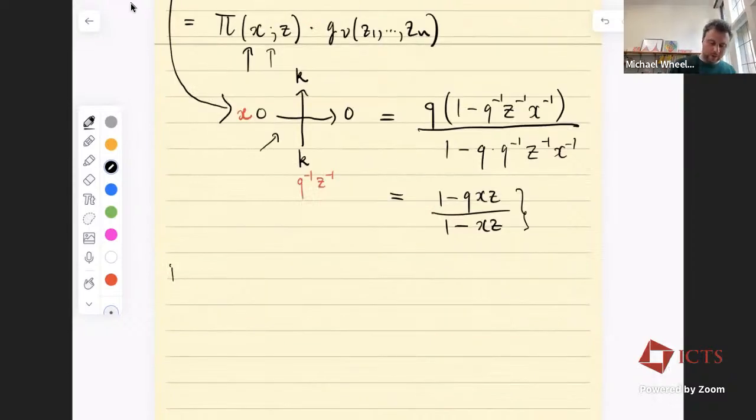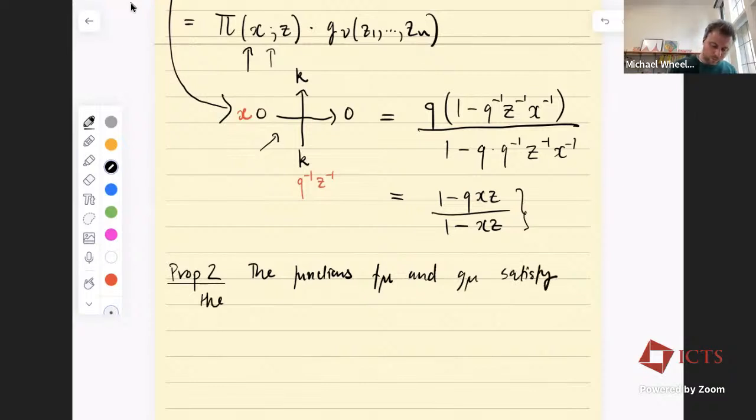I forget what proposition this is, maybe proposition number 2. Yeah, so the functions f mu and g mu satisfy the following identity.